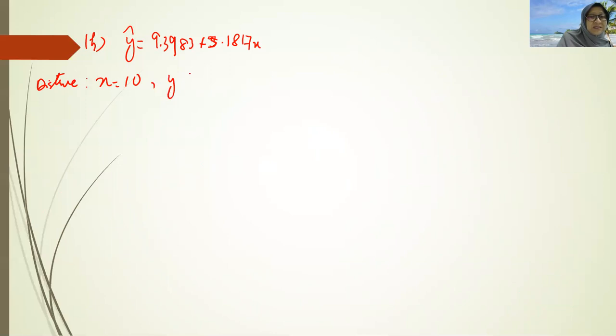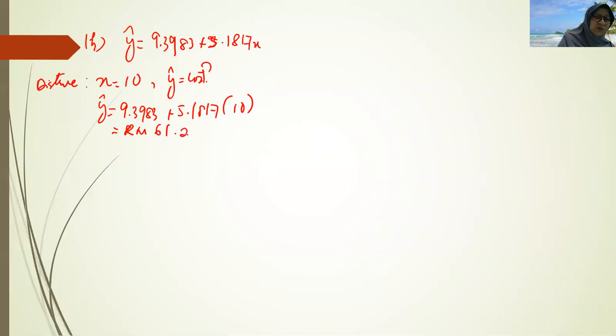What is the cost? What we have to do is simply substitute x equal to 10 into the formula: 9.3983 plus 5.1817 times 10. So you will get RM 61.2153 million. Okay, so that is how you do it.